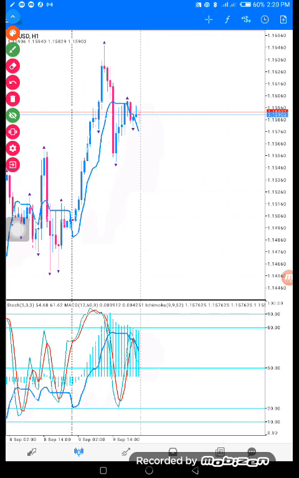Here is the stochastic crossover. The first candle will open and close bullish because it's from the oversold area. Then enter the second candle, place your stop loss here, and when it gets here, before it gets to another crossover up, you've taken your profit.